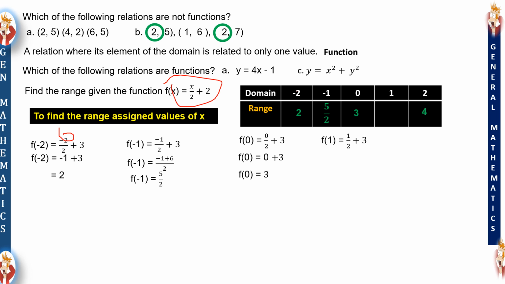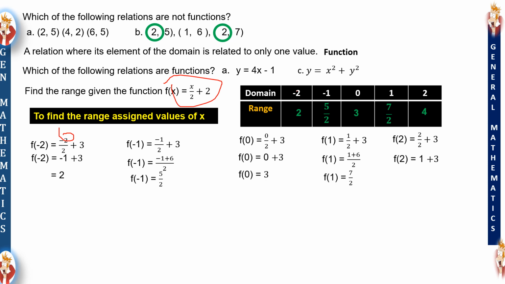For number 4, if our x is equals to positive 1, that's 1 half. Simplified, it's equals to 1 plus 6, 7 over 2. And our fourth range is equal to 7 over 2. And for the last term, that's equals to 2 over 2 plus 3, that equals to 1 plus 3.